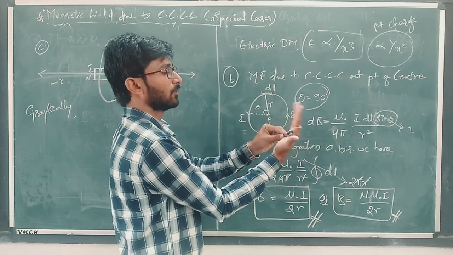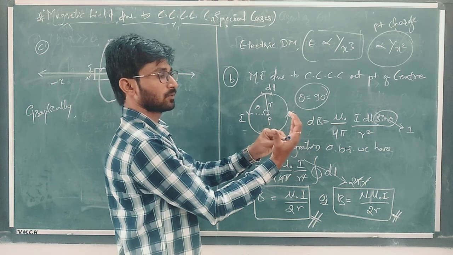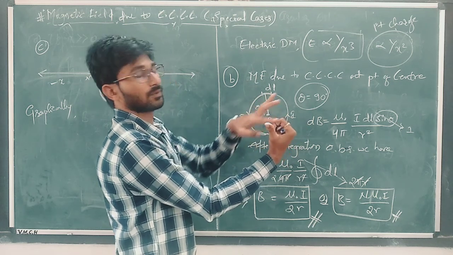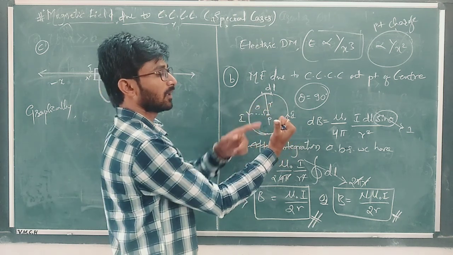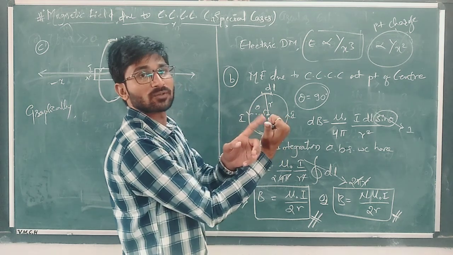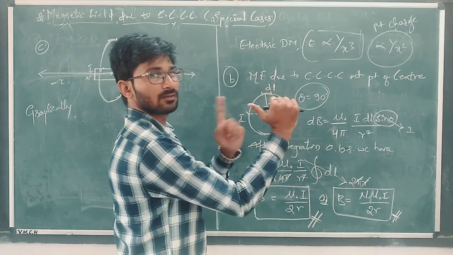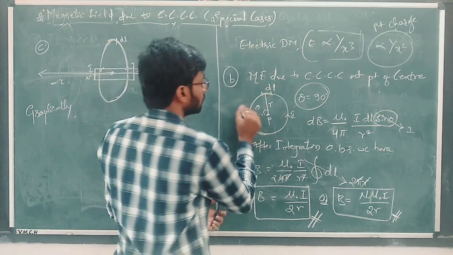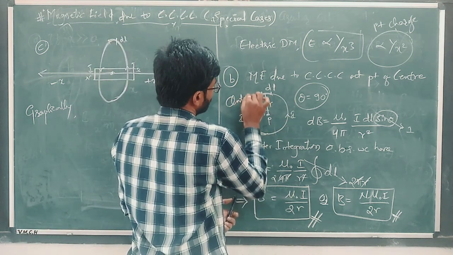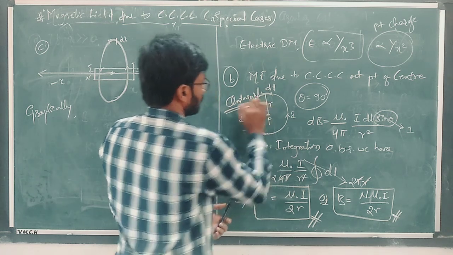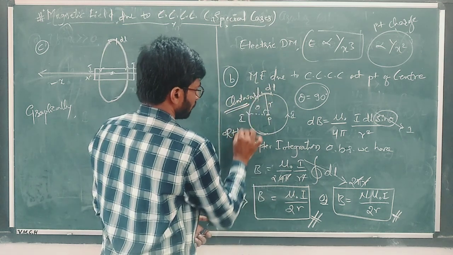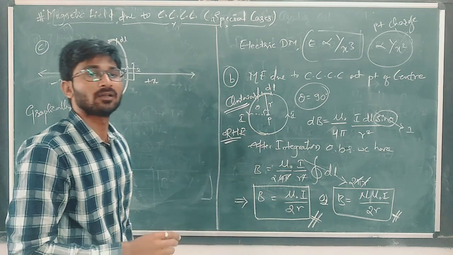And now these four fingers show the current flowing around this circular coil. And now what is the direction of the magnetic field? It shows the outward direction, is that right? That's why we use the RHR, that is the right hand rule.